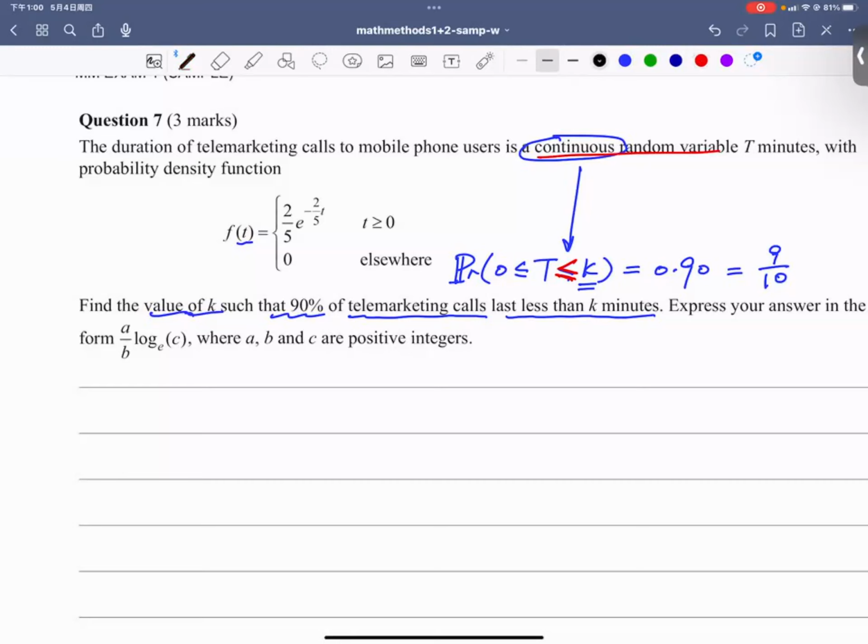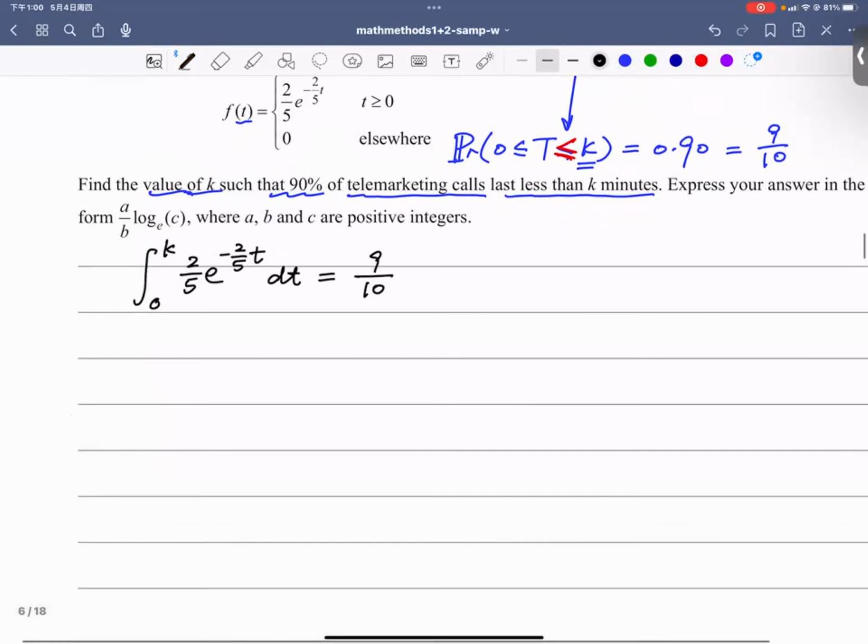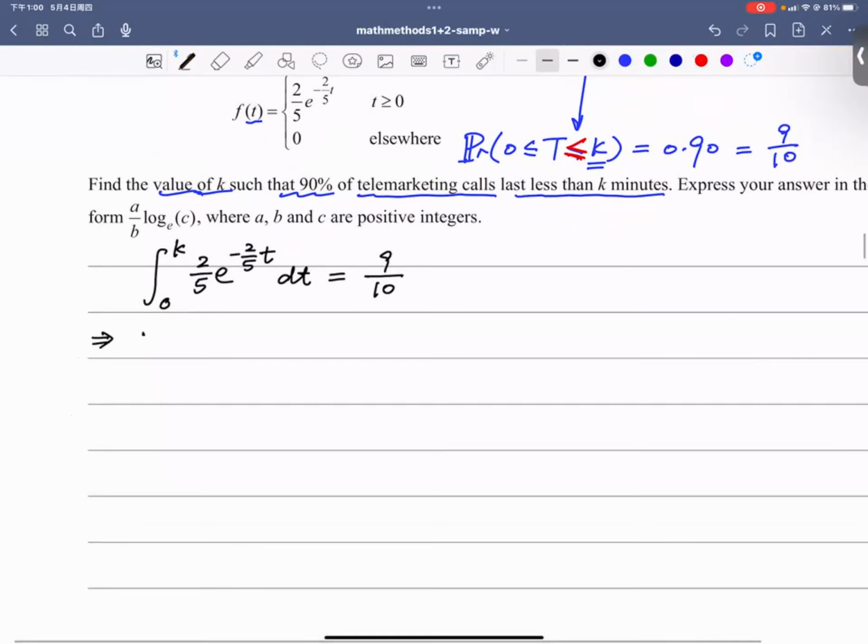So I will list an integration first from 0 to k, anti-deriving the probability density function. This is t, by the way, not k. dt equals 9 over 10, isn't it? So the next step is to anti-derive the left-hand side. So I will get minus e to the minus 2 over 5 t from 0 to k.